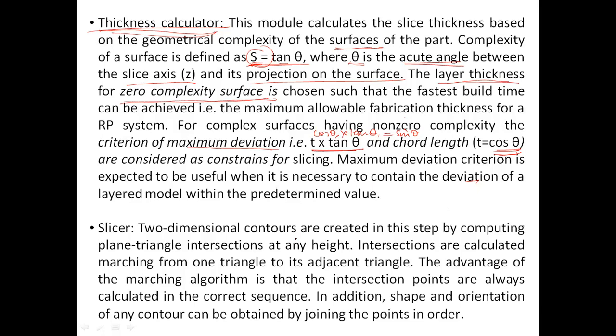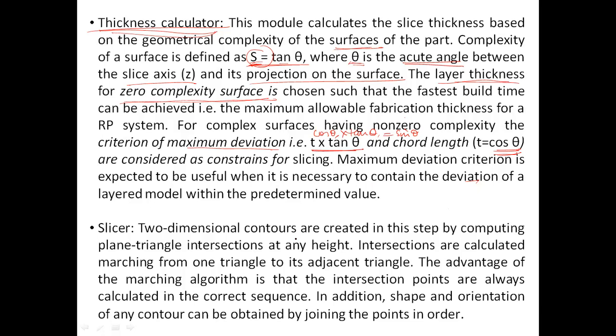But the problem with this algorithm is, when you have a complex surface, finding out the layer thickness and the maximum deviation criteria is somewhat difficult, because what researchers have seen is that you start to get multiple options, and due to multiple options, it becomes very difficult to identify which is the optimal answer.